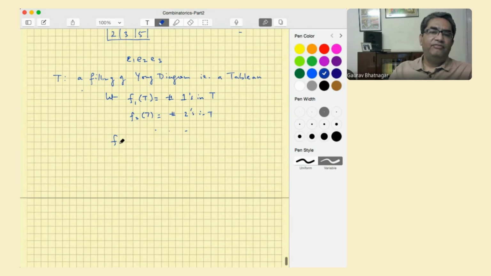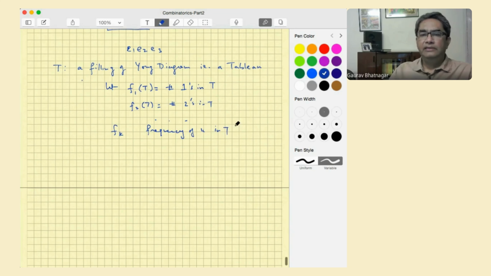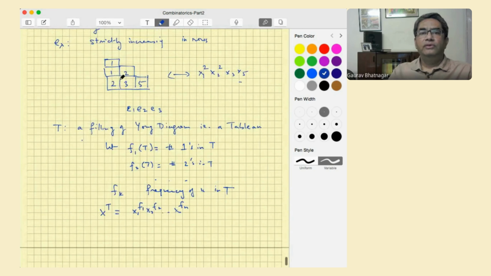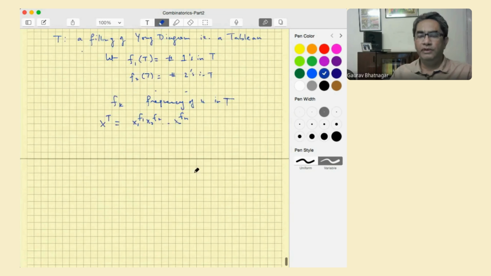So fk is the frequency of k in T, like we had in a partition. Then I will use x to the T to represent x1 to the f1, x2 to the f2, and so on. So what am I saying? I'm counting the number of ones and writing x1 squared, counting the number of twos, there are two of them, so x2 squared, x3, x5. So that's a monomial.